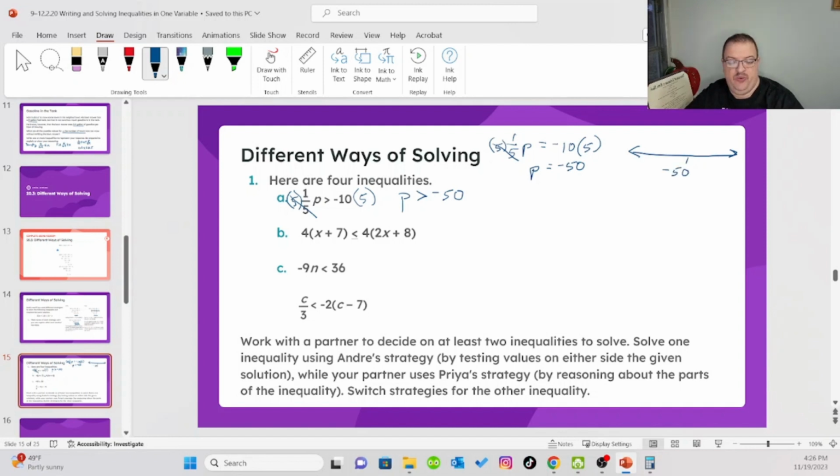But it doesn't tell me which direction. Looking here, I see that I have greater than only, so I know I'm going to draw a hollow dot at negative 50. And then I know that I'm going to draw p being greater than negative 50, so it goes to the right. So to me, that is the easiest method. Now let's try some of the others.